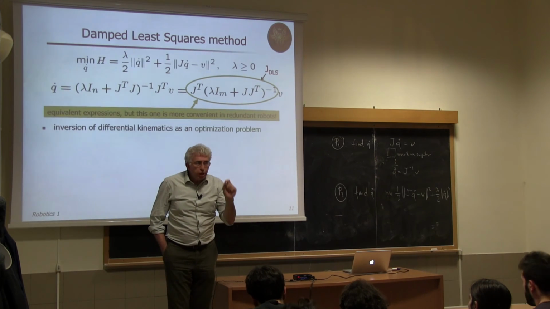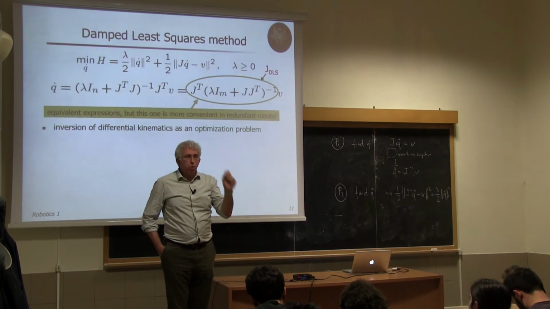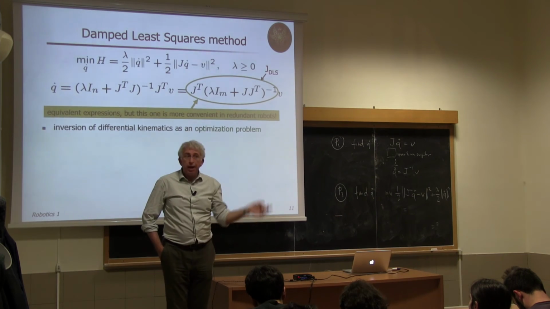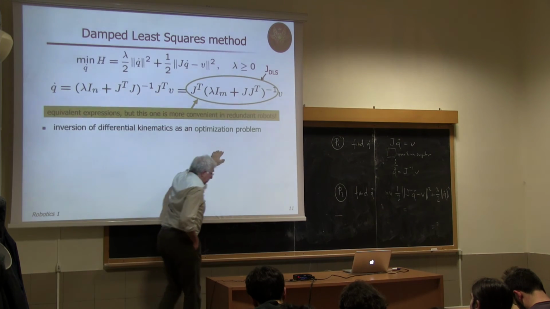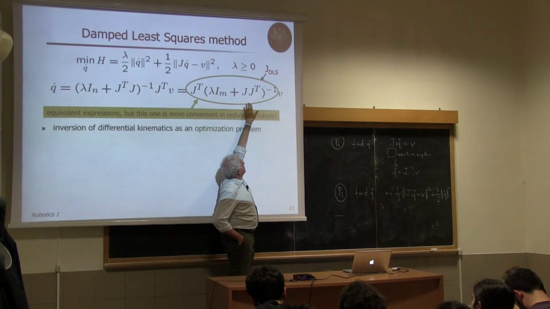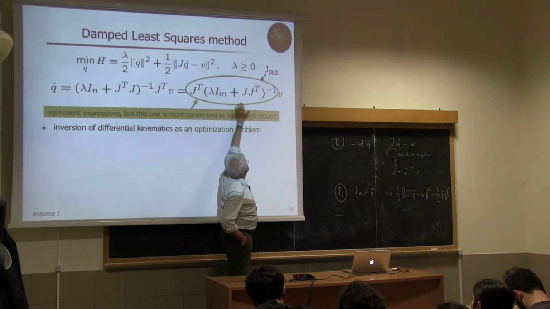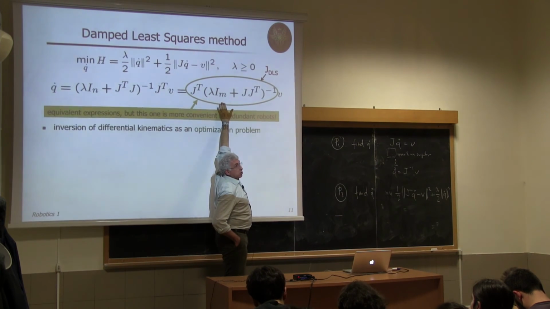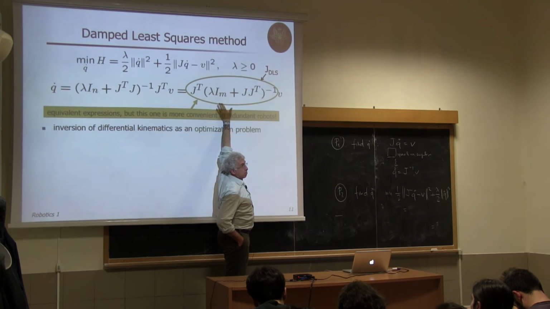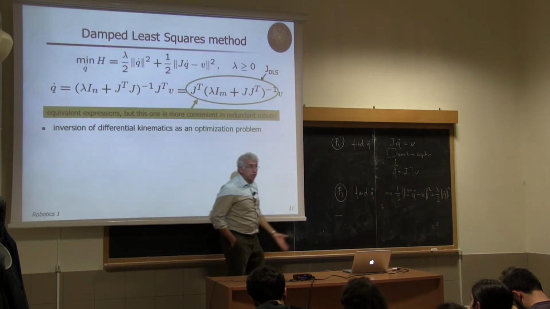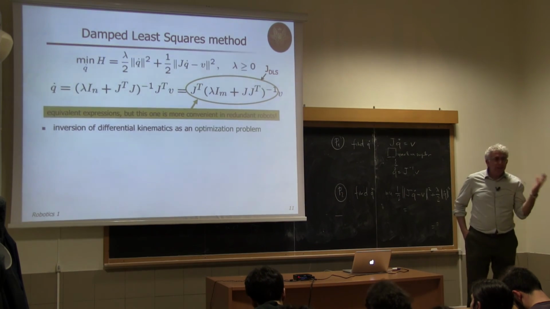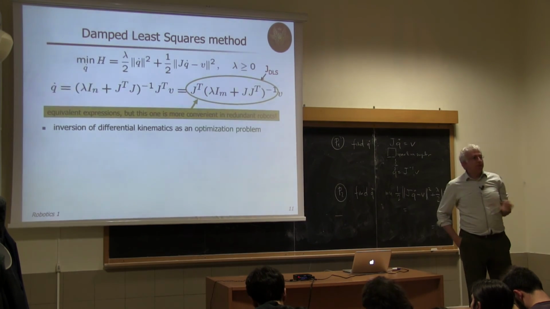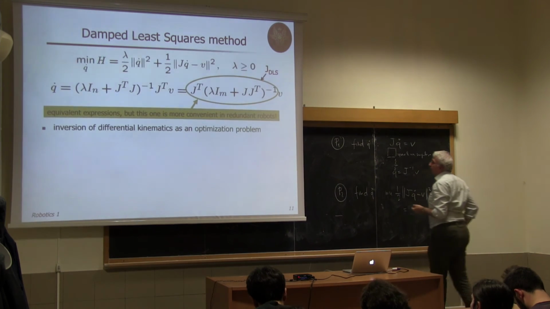So even if J is square and singular, or non-square and losing rank, in all the cases, J transpose J is a symmetric positive semi-definite matrix. This is a symmetric positive definite matrix. The sum of these two matrices is always positive definite, and therefore is always invertible. No matter how small lambda is, you can always invert this matrix. Okay? This is a very powerful result if you think about it.